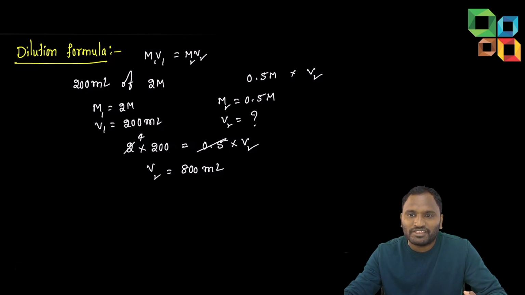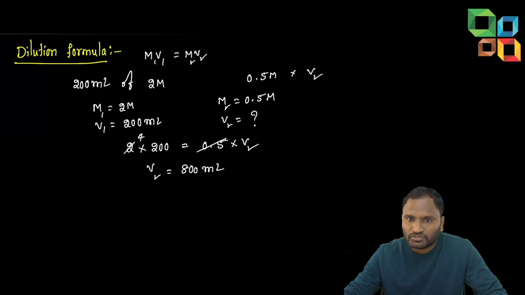Already 200 ml is there. How much you need to add extra? 600. So the amount of water to be added is equal to V2 minus V1.